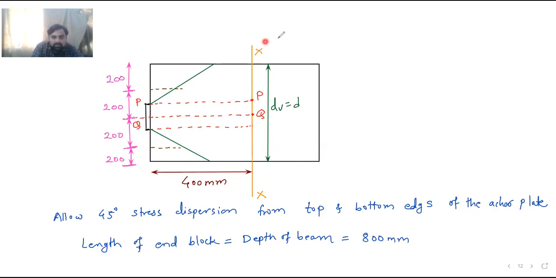If your point is situated somewhere in between, then the depth below that point from this point up to the bottom is what you should consider, that is dV. If our point is located in between this dispersion line, but now at a distance of 400 mm, it is far away. As the total depth is 800, it is at the center. So the 45-degree dispersion is quite a big angle.